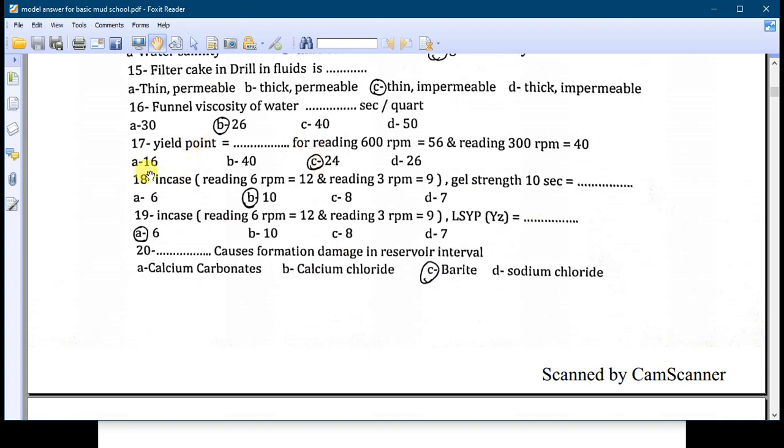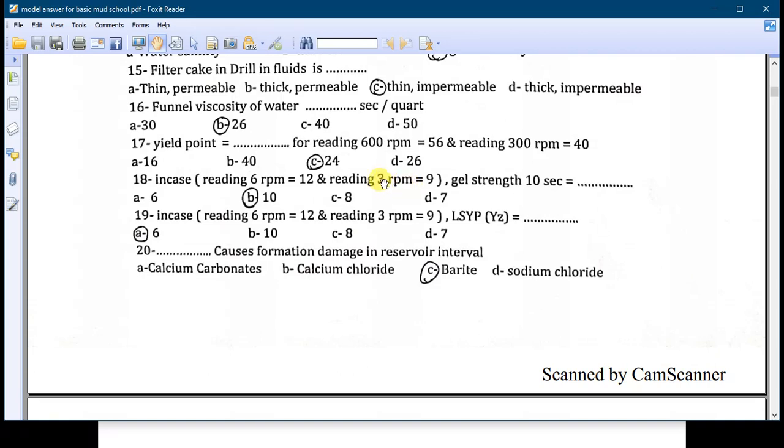Okay, this is very important, the yield point. Number 18, in case the reading at 6 RPM is 12 and the reading at 3 RPM is 9, the gel strength for 10 seconds equals 6, 10, 8, or 7.